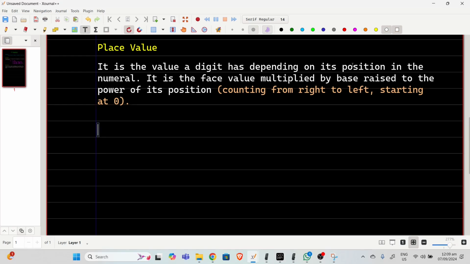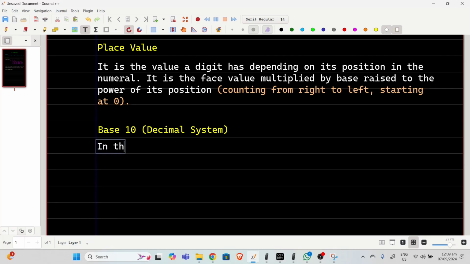Right here, base 10, or the decimal system, is the one we work in, as I keep saying.